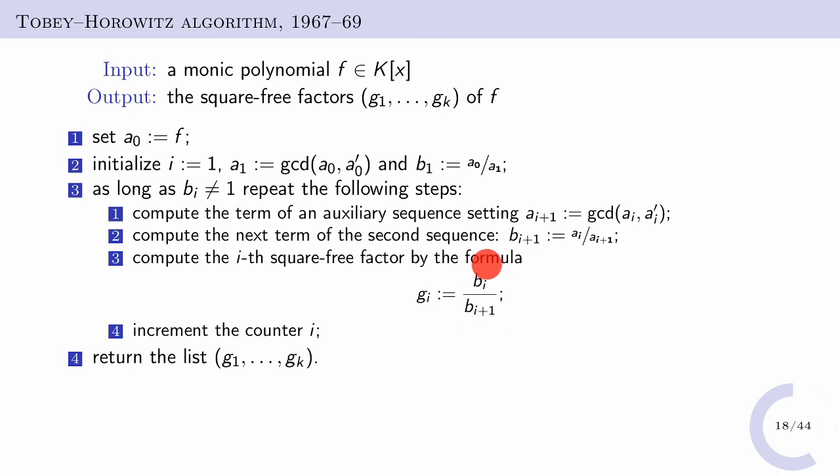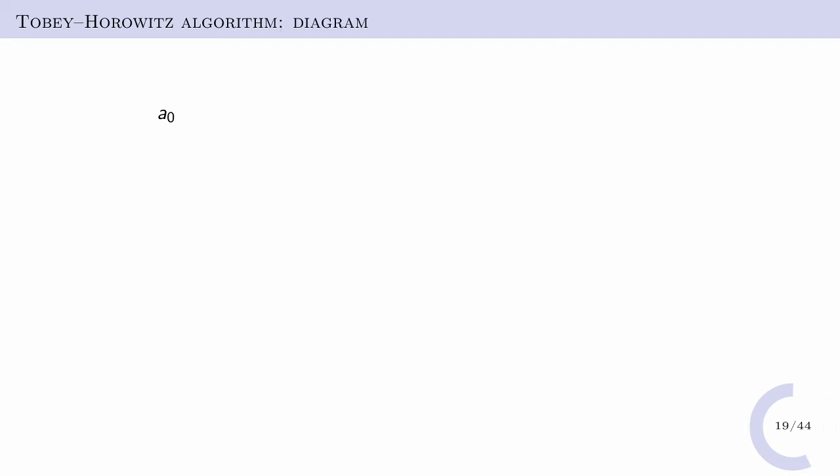According to our formula, this is the next square free factor of f. So when we get down to b_i equal 1, it means we computed all the g_i's and we can return them.